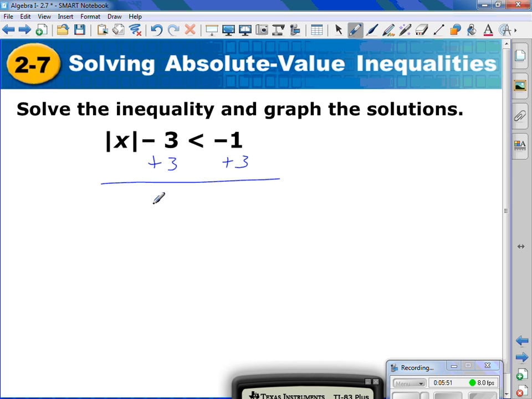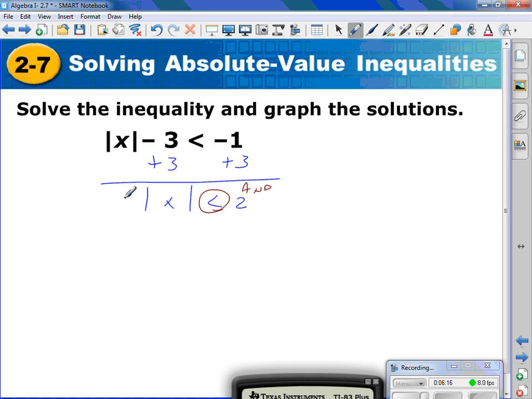Once I add 3, I have the absolute value of x is less than 2. Once I have the absolute value less than 2, now I can break it into two pieces. Since it is a less than problem, it is called an and statement.